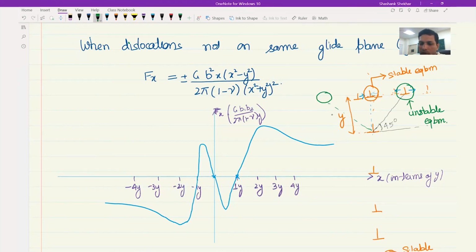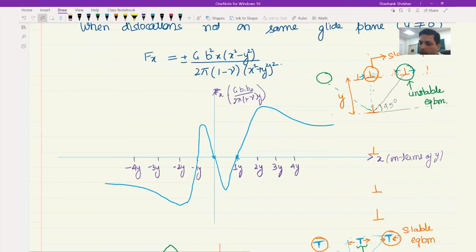This equation, which is telling us the force acting on the dislocation, can also be used to derive the Taylor hardening relation. But for now, what it is showing us is the force acting on this dislocation, or in other words, how much force would be required for this dislocation to move in the presence of another dislocation.